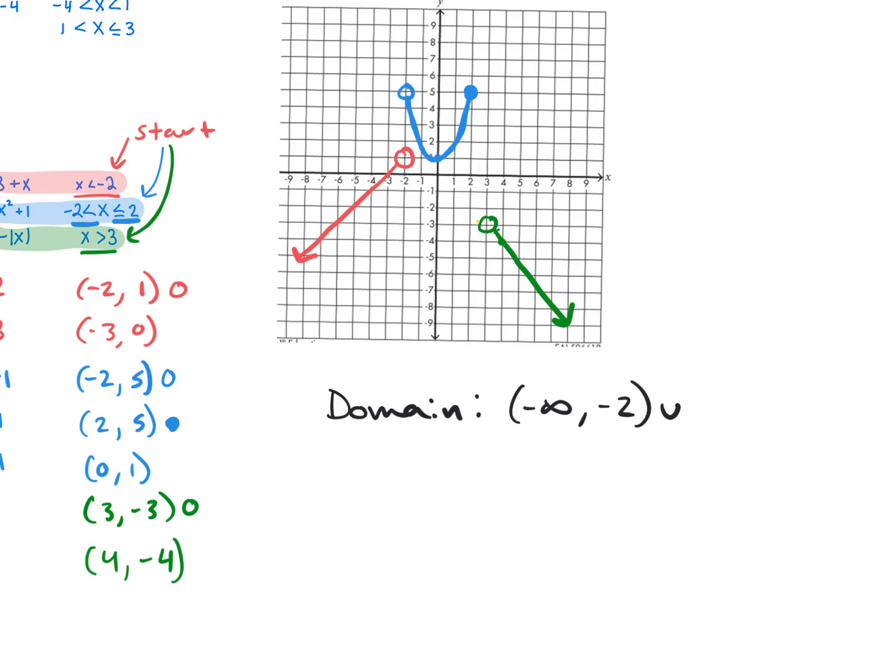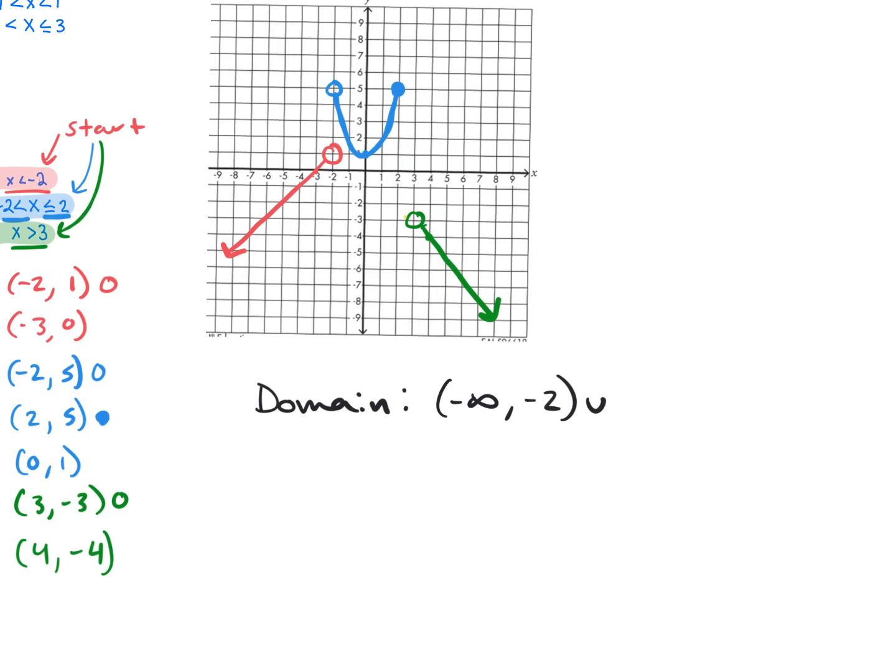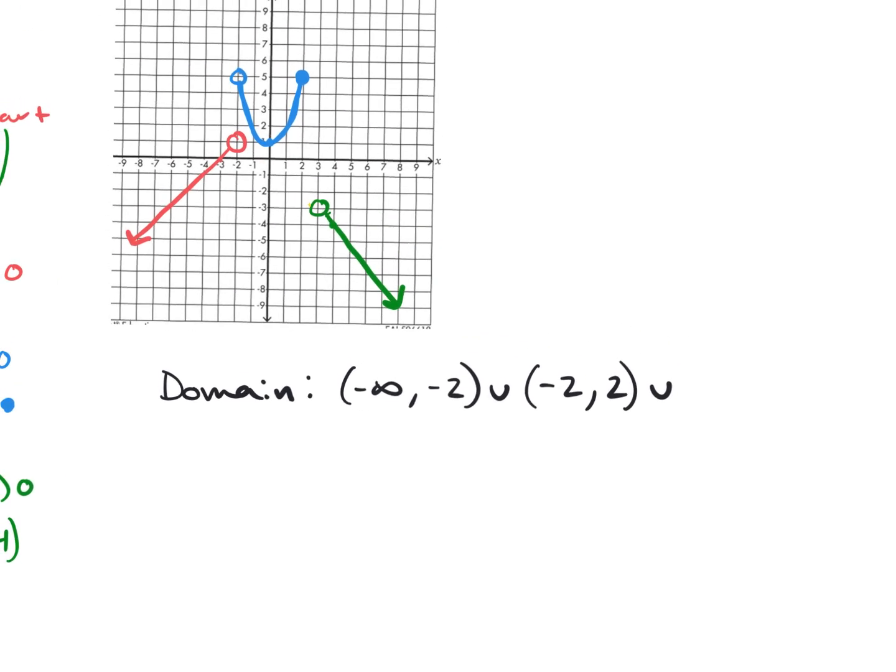And then what? -2 to +2, and then 3 to infinity. And +2 would actually get a bracket here because it's a closed circle.